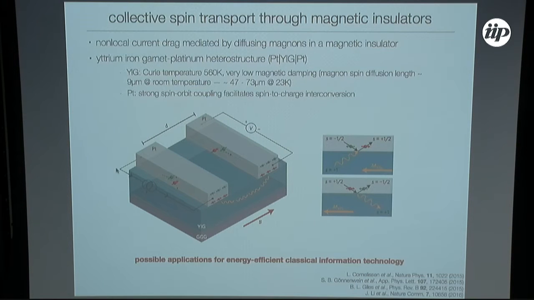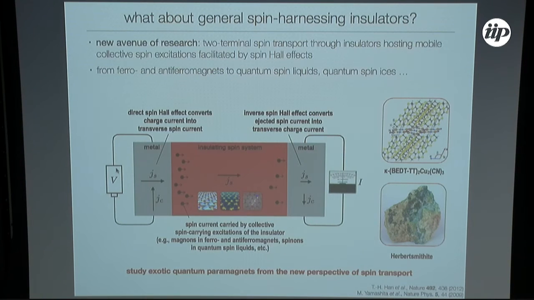And so, of course, this is interesting from an application point of view because you can transport electrical information from one place to another via an insulator, which has no moving electron charges. So it could be applied for energy efficient classical information technology, transferring information. But from a more theoretical point of view, I think this opens up a new avenue of research that I'm particularly interested in, and that is to look at two-terminal spin transport through more general insulating systems.